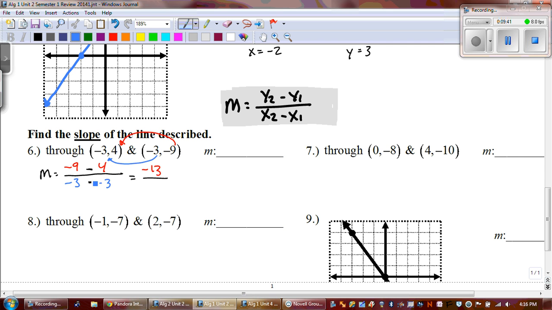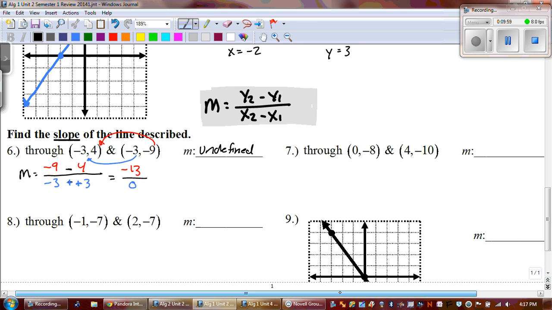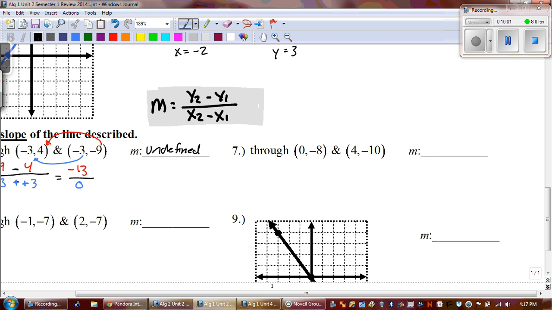On the bottom, we've got 2 negatives, so remember, we have to clean that up, do click, click, so that turns to -3 plus 3, which is 0. And we can't have a 0 on the bottom, so that means that this slope is undefined.